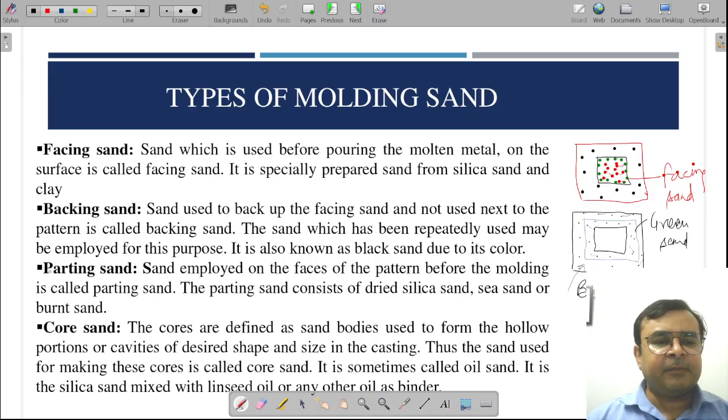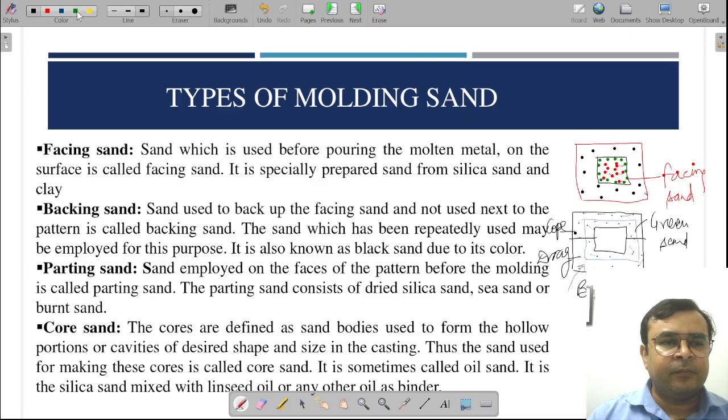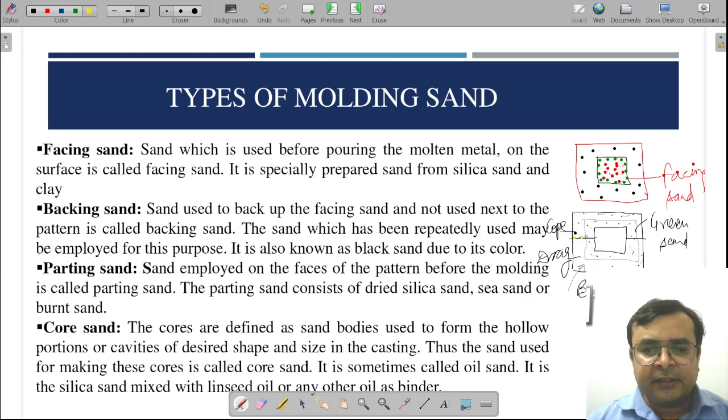Therefore, our sand preparation cost may reduce, and hence our casting will be economical. Is it right? Next, parting sand, and you can see here the entire mold cavity we always make in two halves. One is cope, another one is drag. And after solidification we need to separate them, and for the separation I just sprinkle some dry silica sand or some carbonaceous material, and sea sand, these are used.